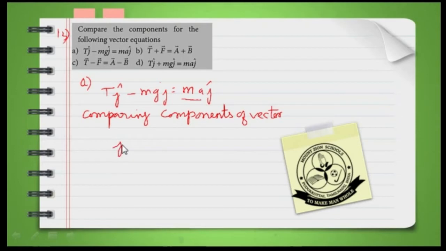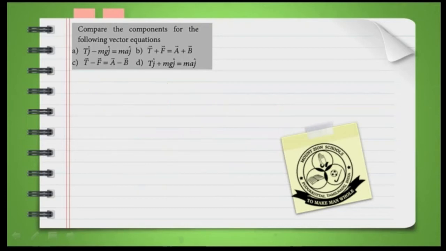Taking j cap as common, we get Ma j cap. So we get T minus mg is equal to ma. This is the first problem. Then coming to the next.